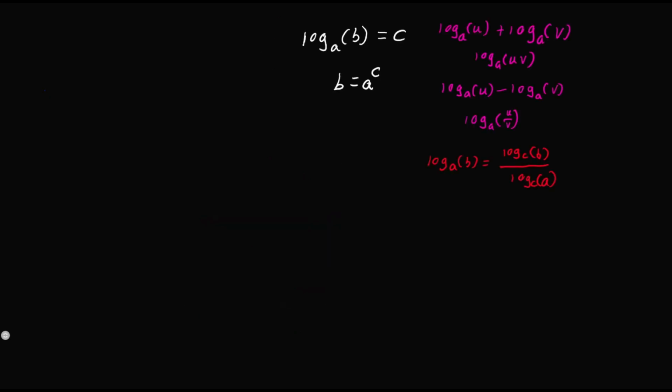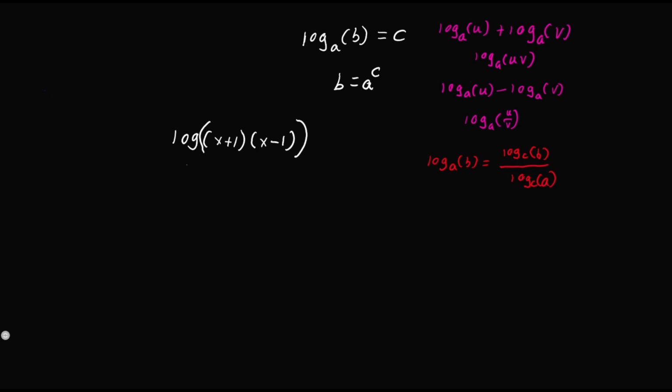So now with that, we will look at a few examples on how to condense and how to expand. We're going to start off with log of x plus 1 times x minus 1, and we are asked to expand this.